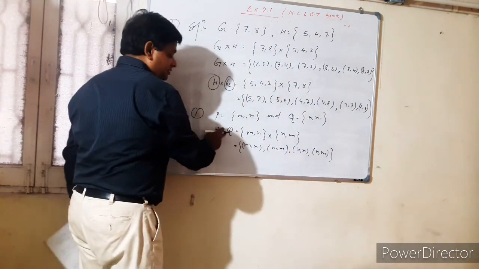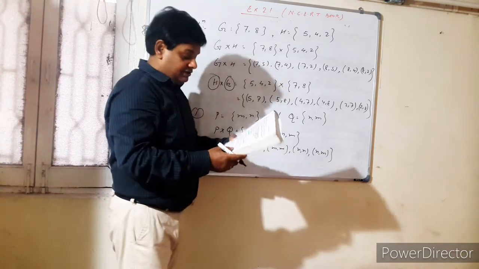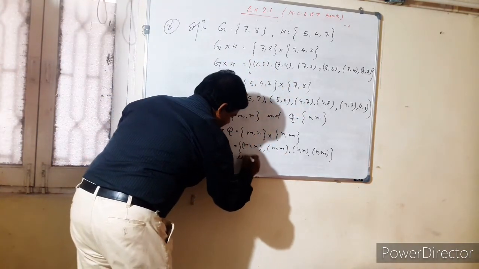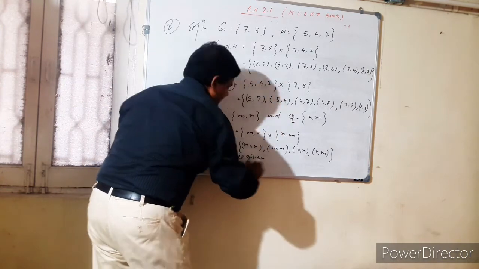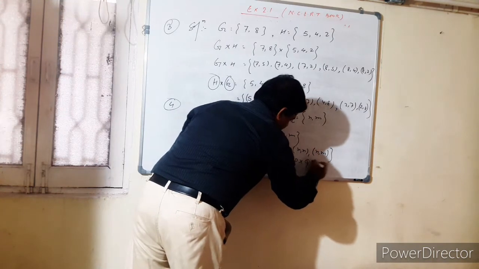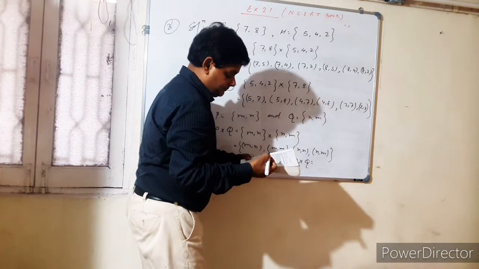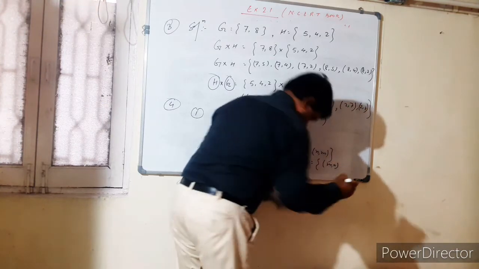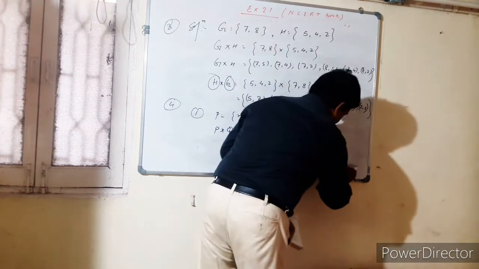So here P cross Q should be this, but it is given that P cross Q is equal to Mn and Nn.